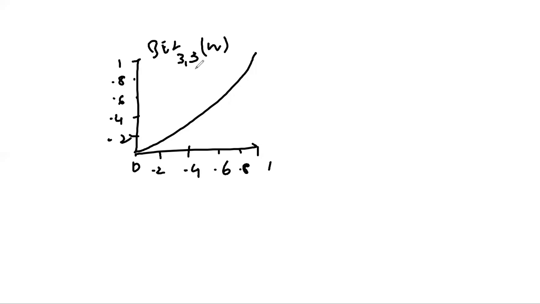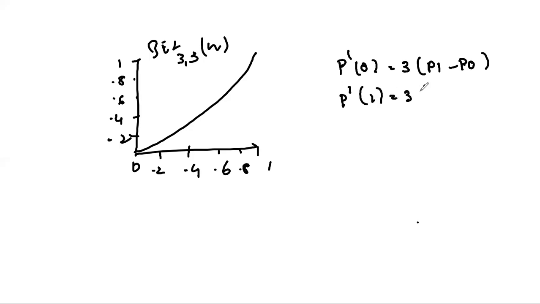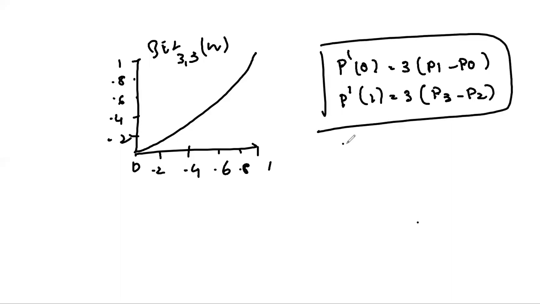if you look at the end of the cubic curve, the parametric derivatives are p dash of 0, which is equal to 3 of p1 minus p naught, and p dash of 1 is equal to 3 of p3 minus p2. If you recollect, the first derivative was written as n of p1 minus n of p naught.